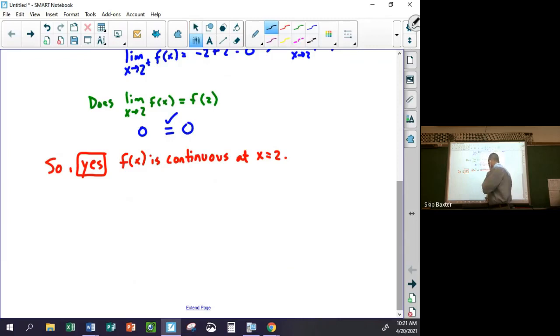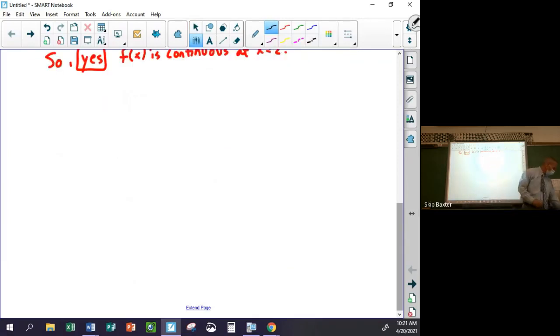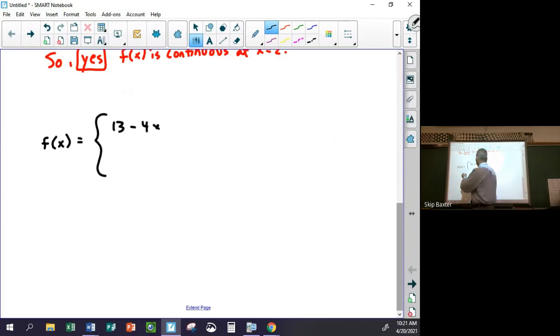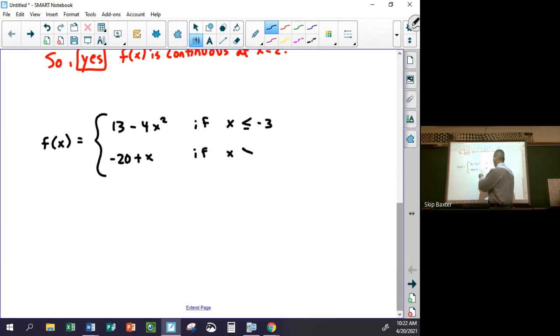Let's do a couple other examples. So suppose I have something like this. What if I have f of x equals 2 pieces, 13 minus 4x squared, if x is less than or equal to -3, and -20 plus x if x is greater than -3.